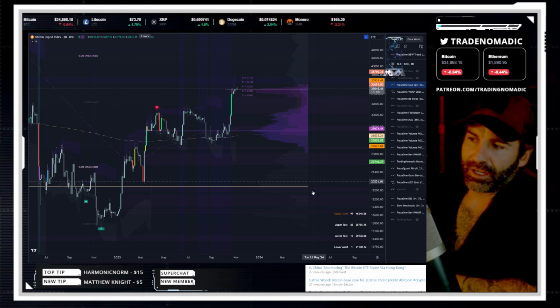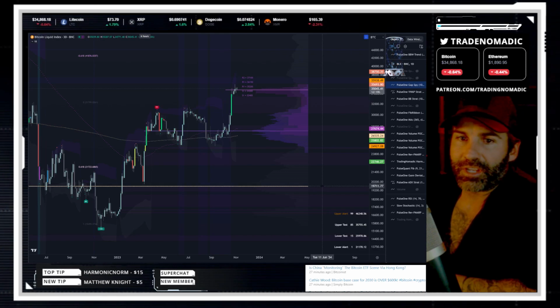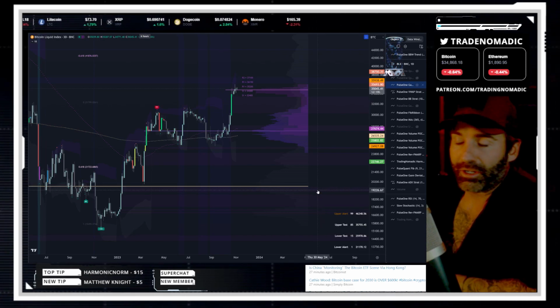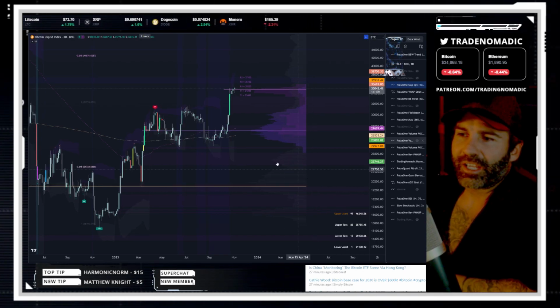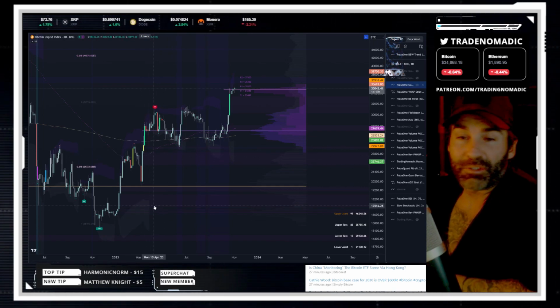You've also got, you can see the shading in the background here. This is a gap spy, is what I call it. Makes it sound cool. But it just basically identifies imbalances throughout the chart. Easy way of looking at it.